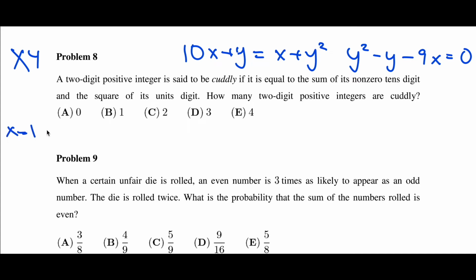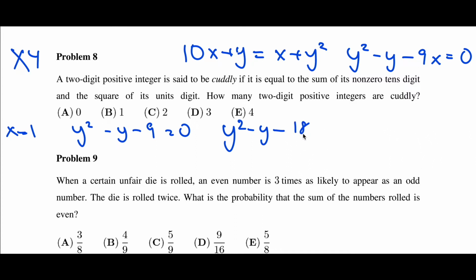So when x is 1, the equation would be y squared minus y minus 9, which is 0. And this equation has no integer solution because 9 can only break into 3 times 3, or 9 times 1, and the difference between the two factors of 9 is not 1. So if x is 2, then the equation would be y squared minus y minus 18, and same with 18.